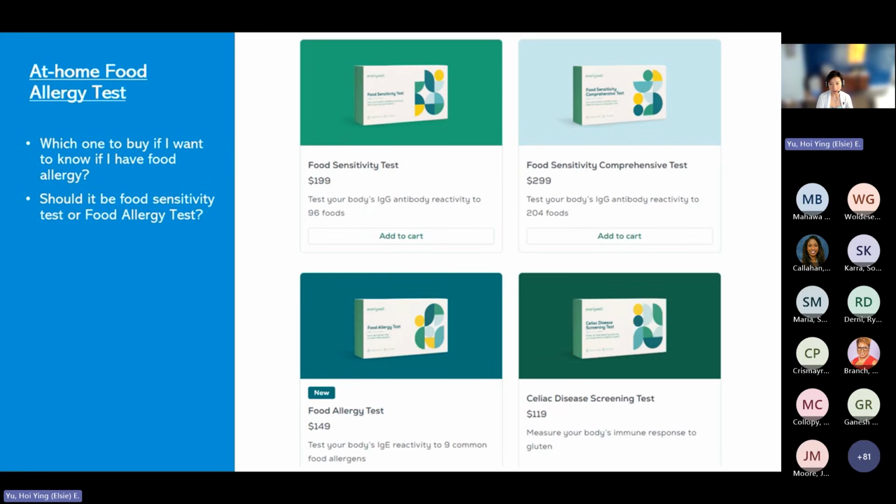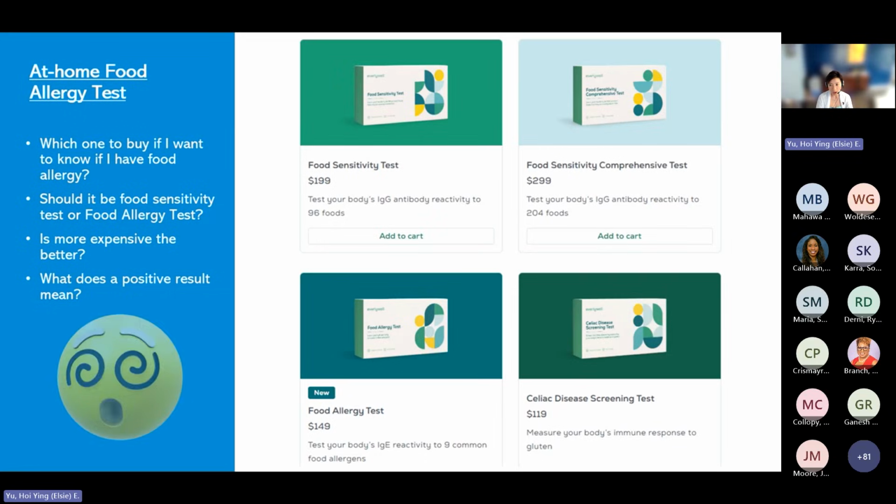At least to me, now I know, but at the time it was a little confusing as to what is a food sensitivity versus a food allergy test. And from a consumer standpoint, someone would be wondering if a more expensive test is necessarily better. And of course, what do the test results actually mean, right? If you have a positive result, does it mean that you're allergic to the food? So all in all, it is very confusing.